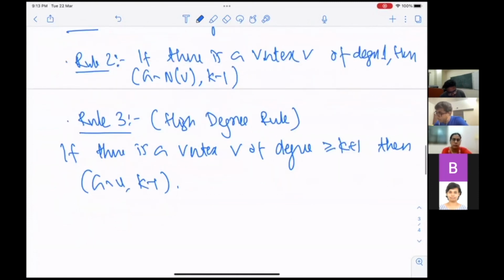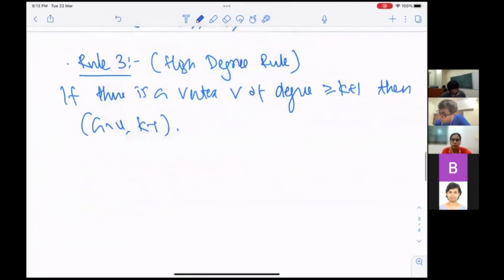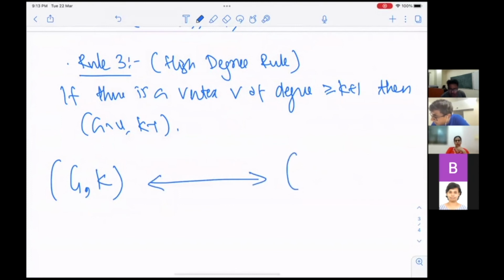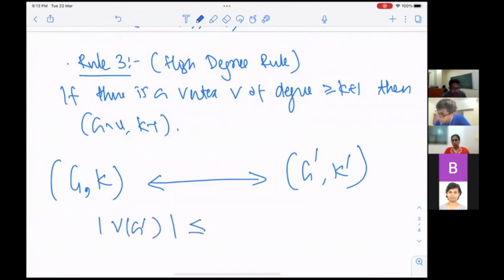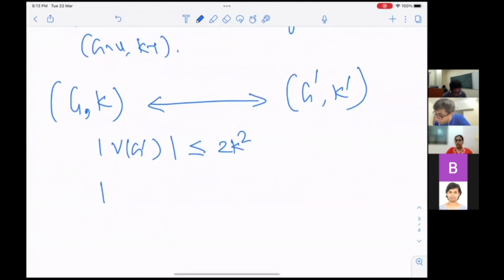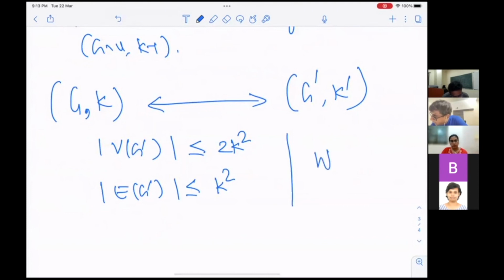And in fact, what we were able to prove last day is that from (G, K) we can get an instance (G prime, K prime) such that the vertex set of G prime has size at most 2 times K square, and the number of edges in this graph was at most K square. So our W in this case was precisely the vertex set of G prime.